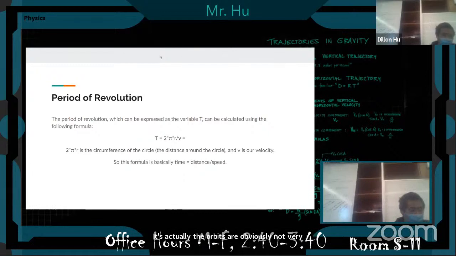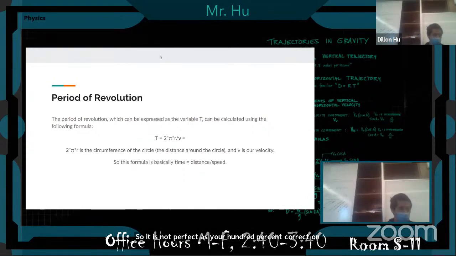I think Venus's orbit is almost perfectly circular. So the amount of ellipsiness that the planets have is not very significant, so we can approximate. We can use this formula to still approximate the period of a planet. It is not perfect, as you're 100% correct, but this is an approximation.